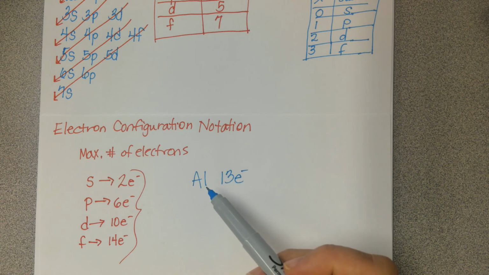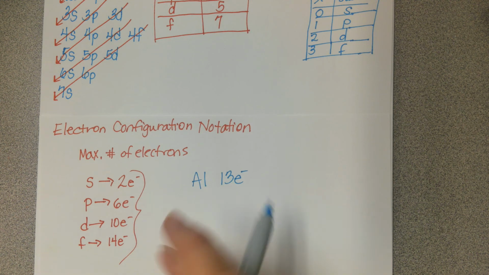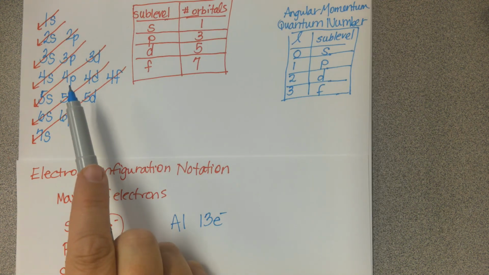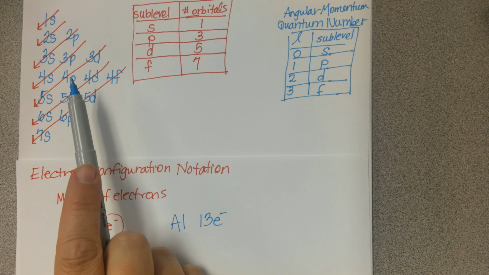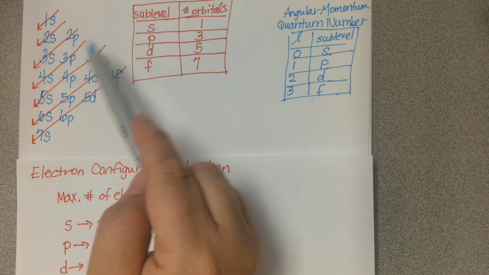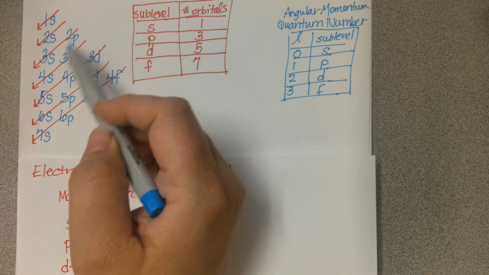Now, when we do our electron configuration, we're going to start the same way. We still have to follow the Aufbau principle, that electrons will fill from lowest energy to highest energy. So we're still going to have to follow this order.